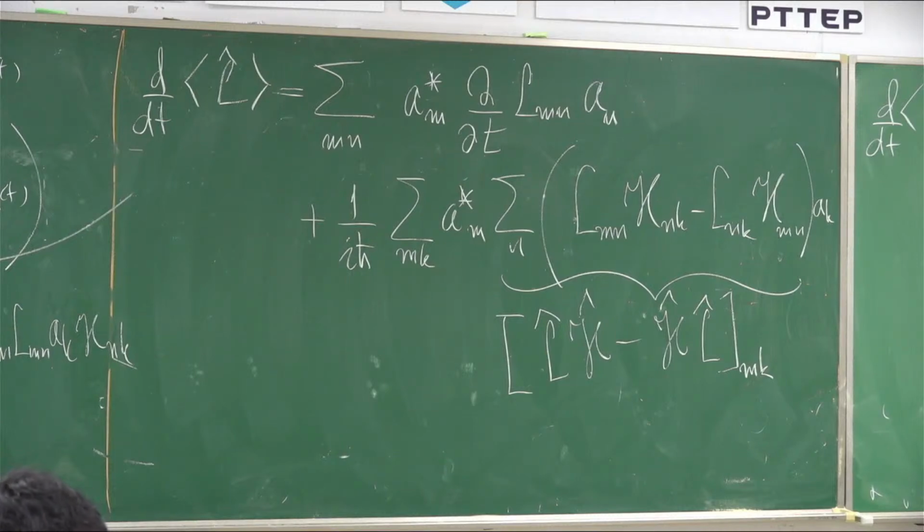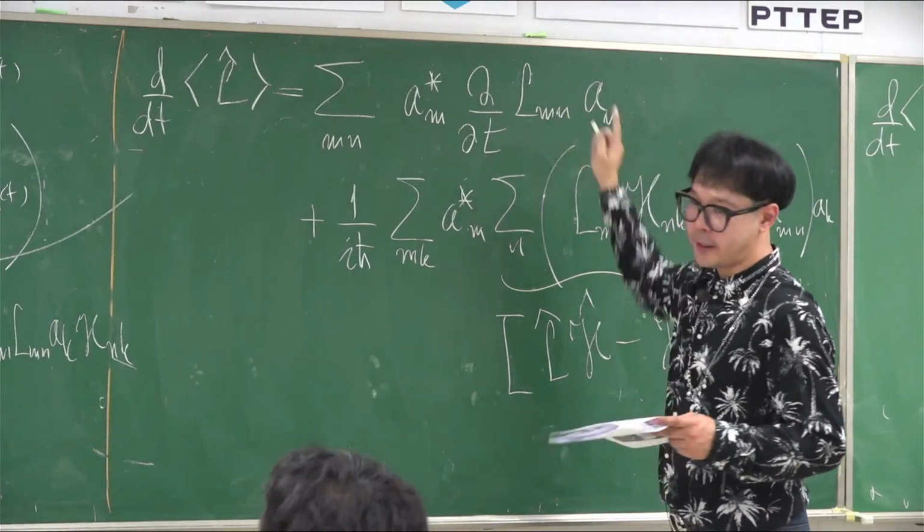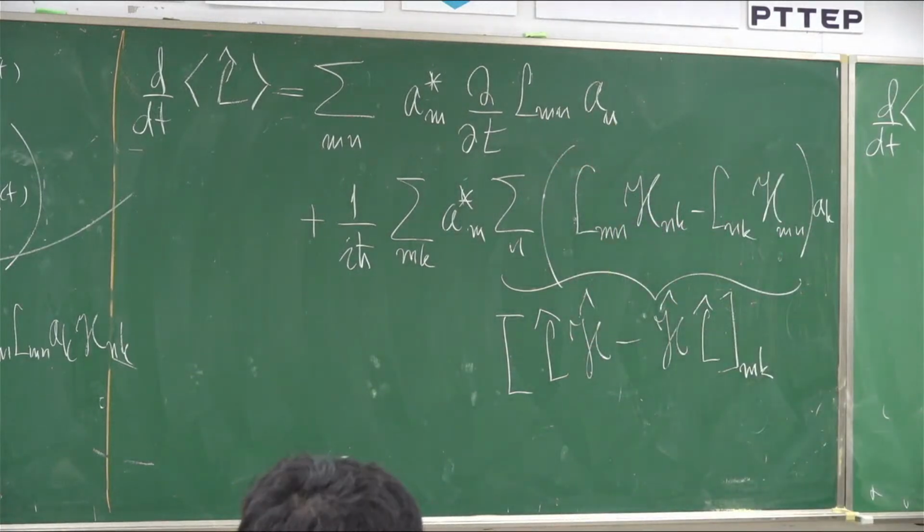Oh, it should be K here. I can change it because this is a dummy index, right? I can change it to be anything. So, okay.